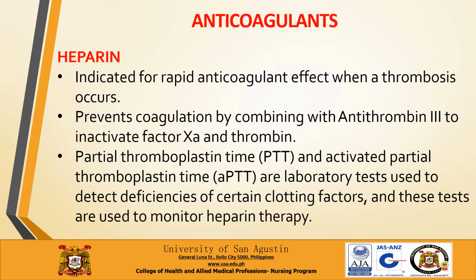It indicates a rapid anticoagulation effect when thrombosis occurs. The main function of your heparin is that it prevents coagulation. As the word itself says, anticoagulant, meaning it prevents coagulation. Of course, with heparin therapy, monitor the partial thromboplastin time and activated partial thromboplastin time. Because again, the patient has a bleeding tendency.